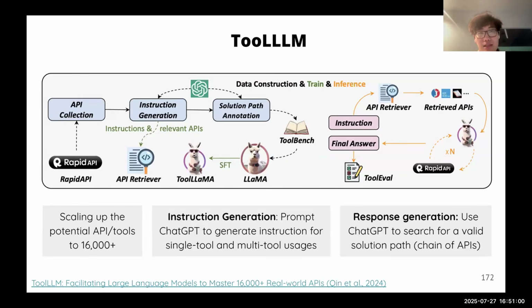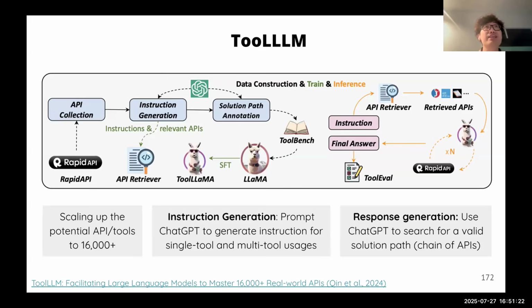So that's the difference covered in this paper. Another novelty in this paper is that when generating the response, they prompt a relatively advanced strategy to search for a valid solution path.